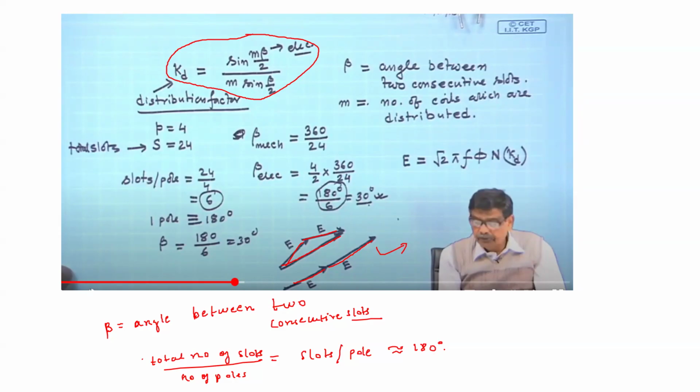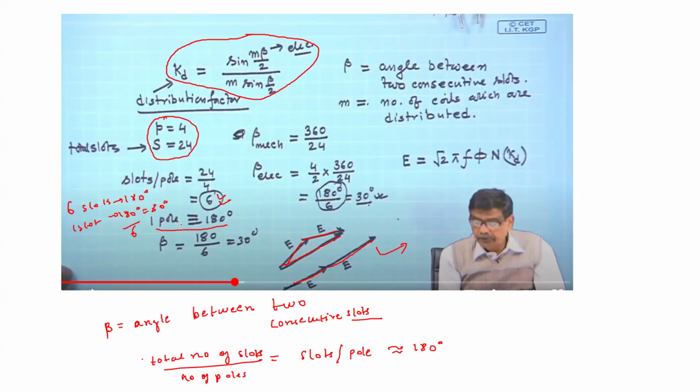So let us take this example. Sir has said, let us say you have a 4 pole machine with 24 slots. What is the slots per pole? You have 24 by 4, so 6 slots per pole. We know that one pole has 180 degrees. So what is the angle between two consecutive slots in the pole? 6 slots have 180 degrees, so one slot will have 180 by 6, which is 30 degrees.